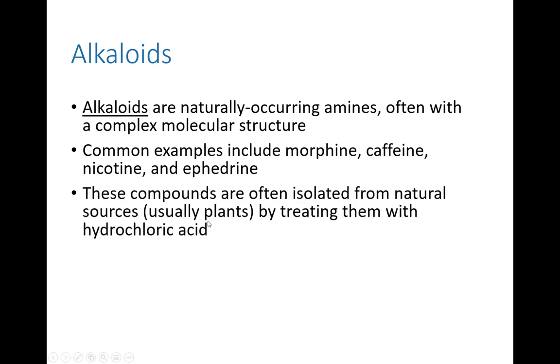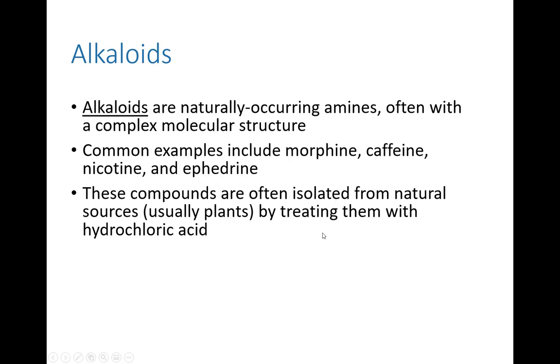These compounds can be taken away from natural sources, isolated from them, typically plants, usually by treating them with an acid, and usually we use hydrochloric acid for this. So, for example, to isolate caffeine, we could get that from a natural source by treating with hydrochloric acid.